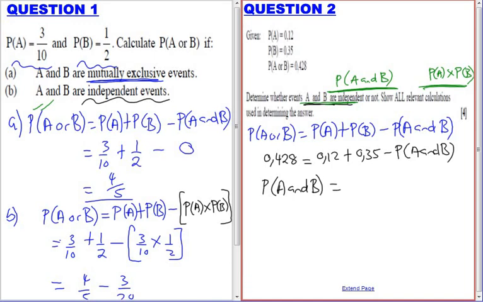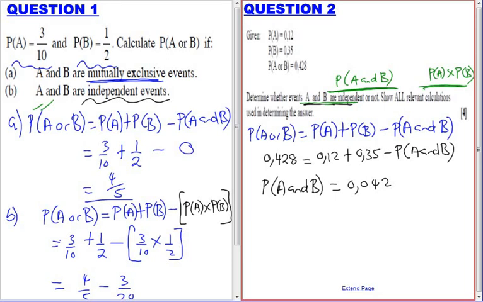So let's go and first of all, it's 0.12, right? And 0.35. Then we have to subtract 0.428. Okay, I'm getting some 21/500. Let me see. It would be fine if I write it like this, I think. Okay, so that is the probability of A and B.